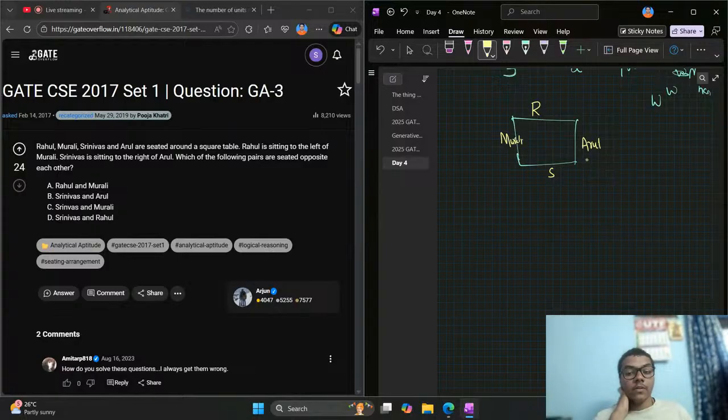Arul sits like this, and this will be Arul's left. So this is Srinivas, and this is Arul. If you do it like that, Srinivas, what is right of Arul? This is right of Arul, and Srinivas is sitting over there.